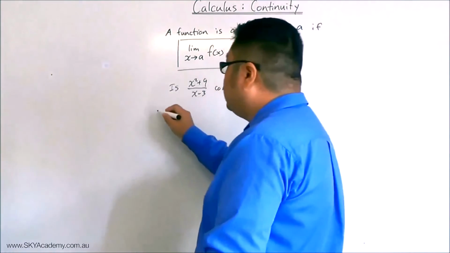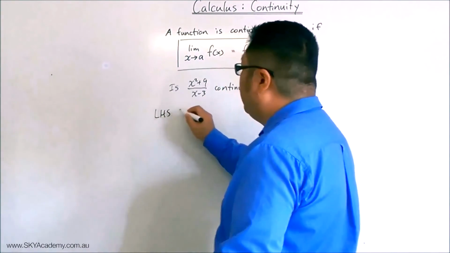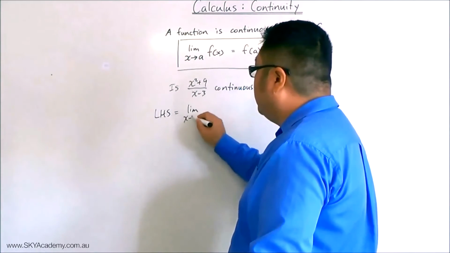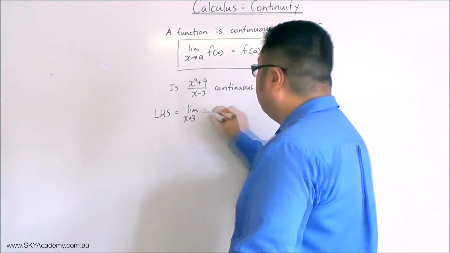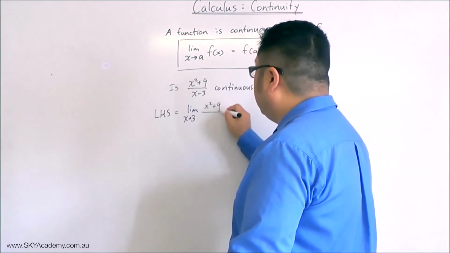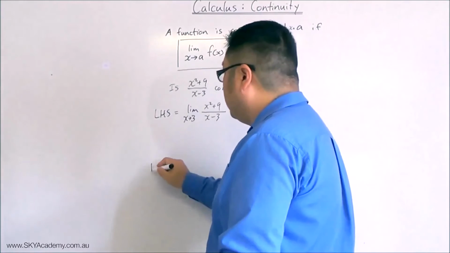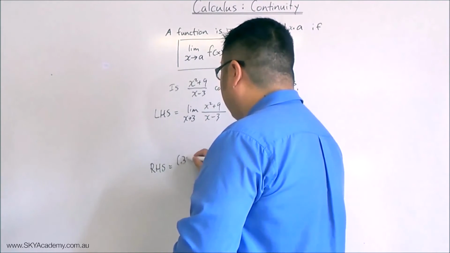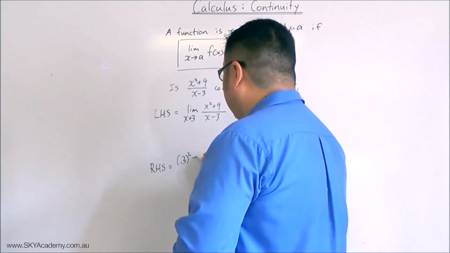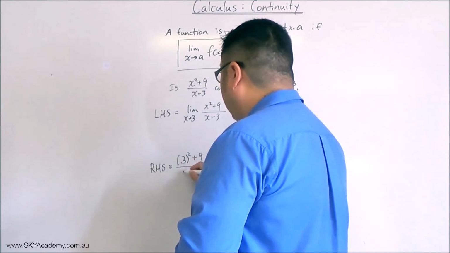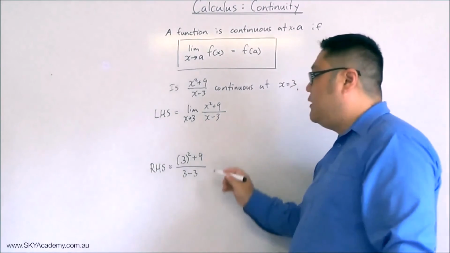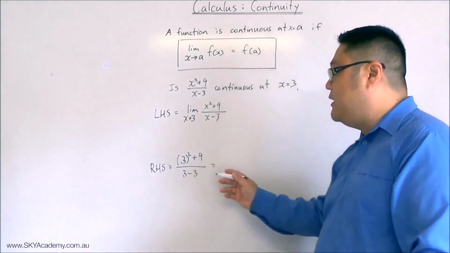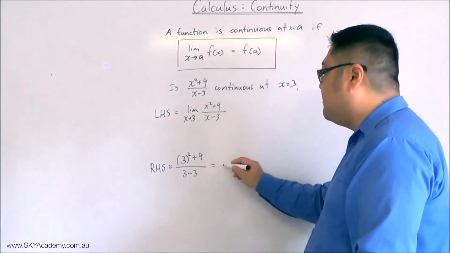Well, let's have a look at the left-hand side of this equation. The limit as x approaches 3 of (x squared plus 9) over (x minus 3). And let's have a look at the right-hand side. Now we can already see from the right-hand side that this function is going to be something over 0.